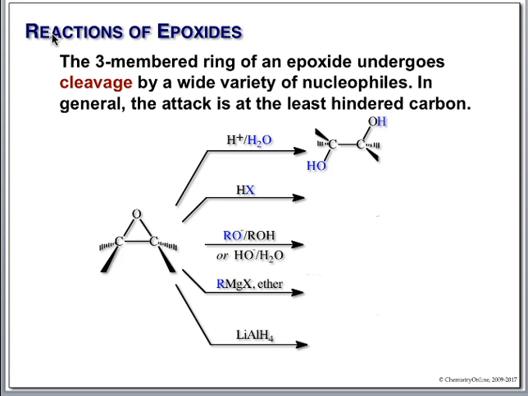HX, protonate this thing, X attacks, also trans stereochemistry. Alkoxide, we can take a good anion. If it's really strong, it can bump in here, kick this out, and make the alkoxy alcohol. Grignards, our friend Grignard. Remember, a Grignard behaves as a carbanion.